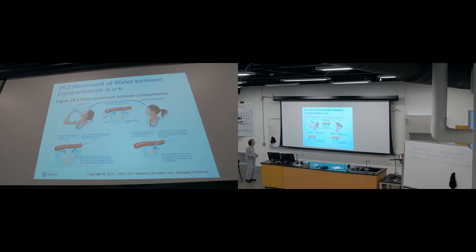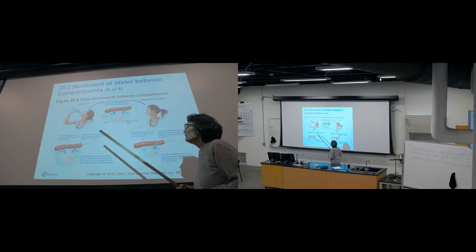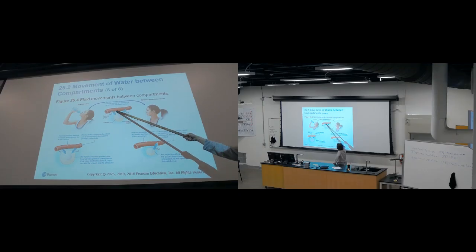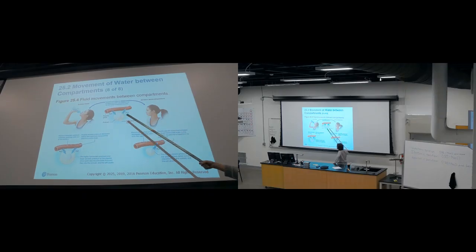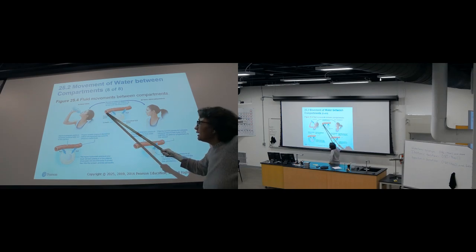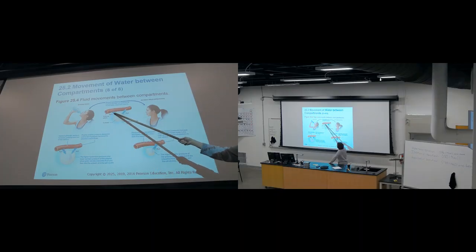So here it is, the complete picture. Your cells here are surrounded by this interstitial fluid, and then you have nearby a capillary. The capillary can bring water into your cells or can remove water from your cells, depending on your state of hydration. When you drink water, you will have more water here in your plasma, then that will help to hydrate your cells.